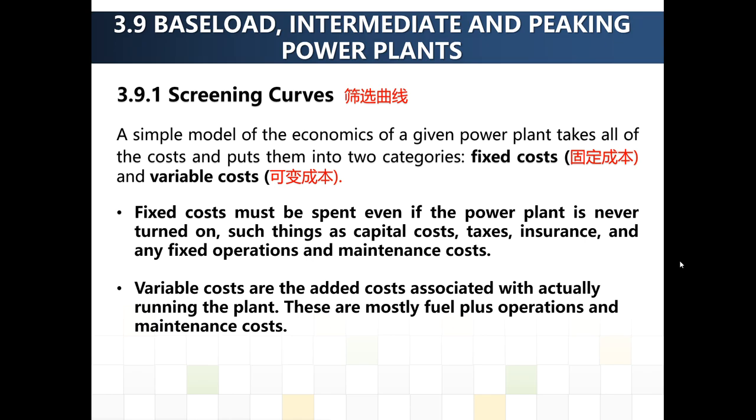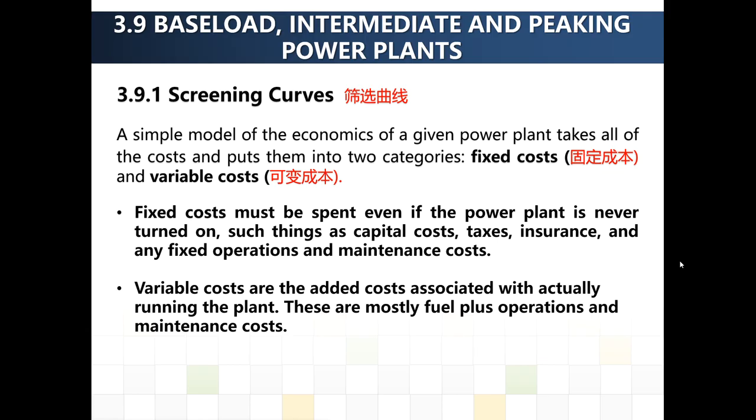Section 3.9.1, Screening Curves. A simple model of the economics of a given power plant takes all of the costs and puts them into two categories, fixed cost and variable cost. So we usually use a screening curve to study the cost of the power plant.